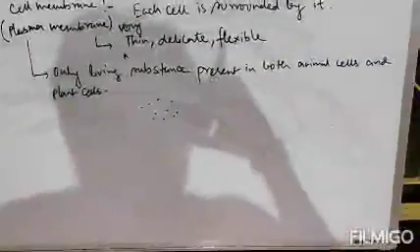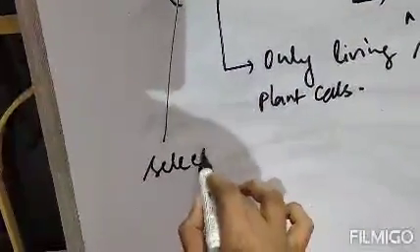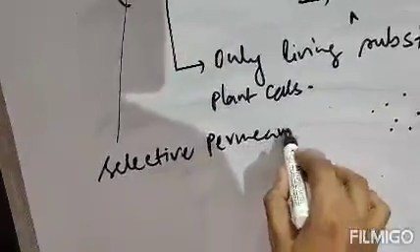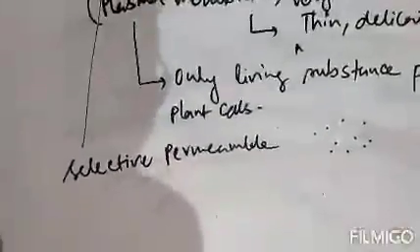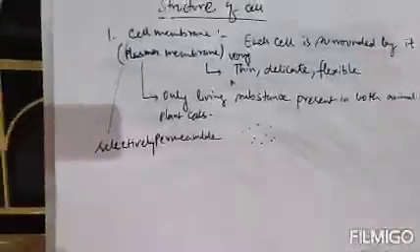That's why the cell membrane is sometimes called selectively permeable membrane. Why selectively? Because it allows certain substances to pass through it.